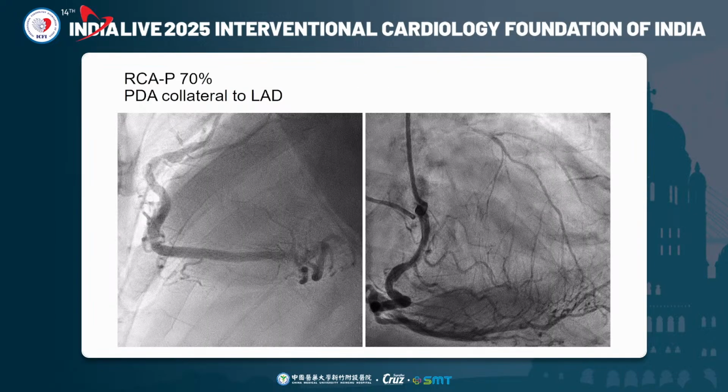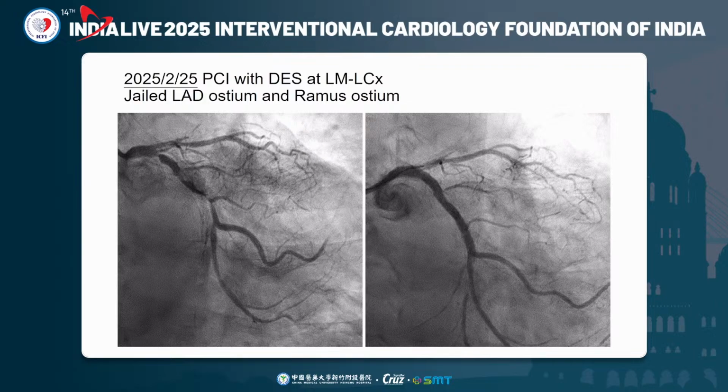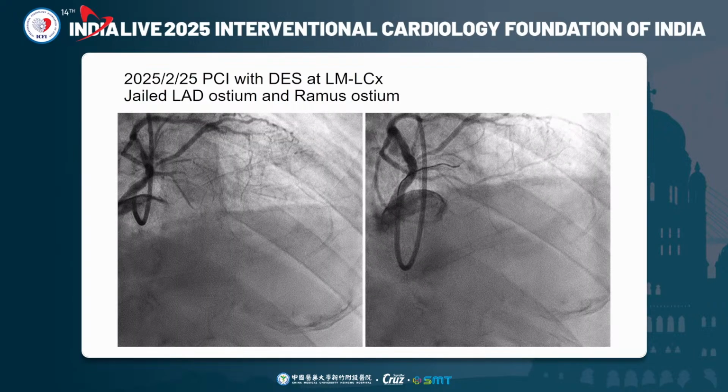Next, and also there is a lesion of about 70% over the proximal RCA, and the PDA gives collateral to the LAD. Next. So we deployed a stent from the ostium of the circumflex to the distal circumflex. Next. And this time our target is the LAD CTO.